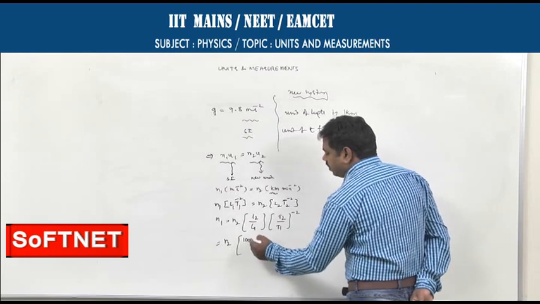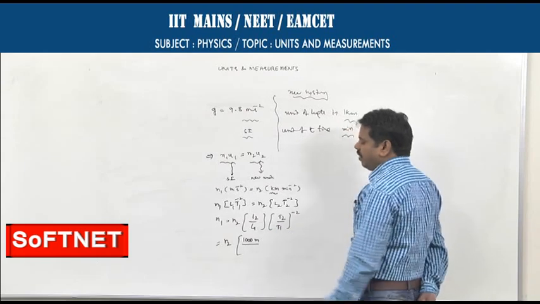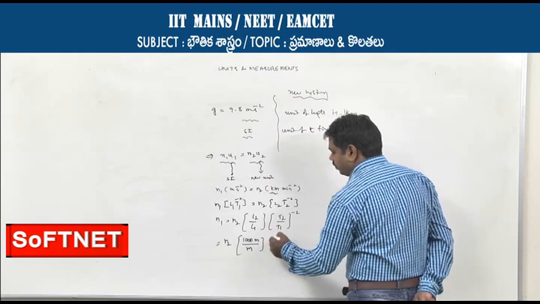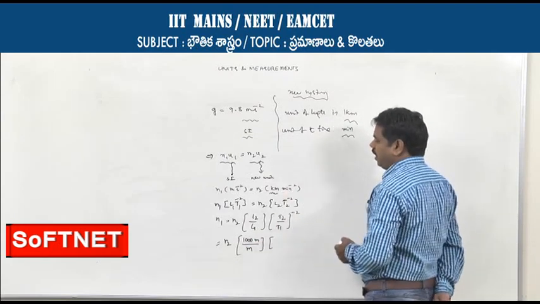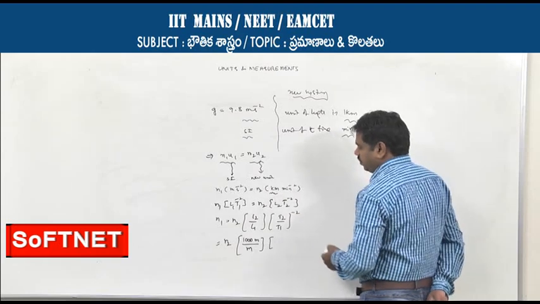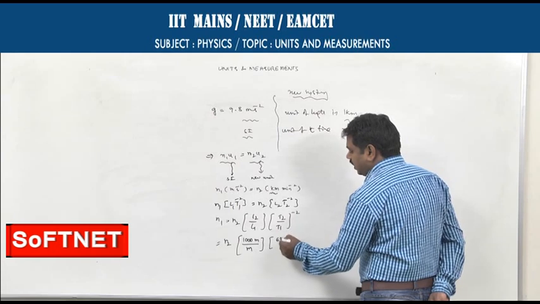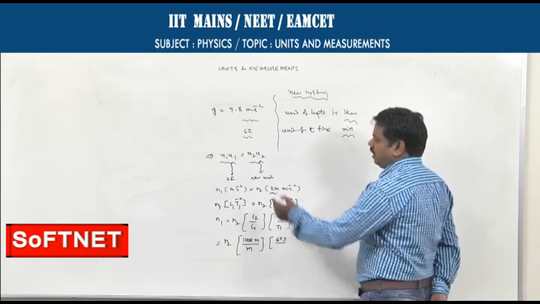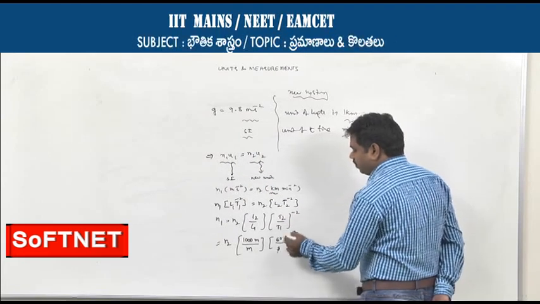1 kilometer is equal to 1000 meter. L1 is the unit of length in SI, that is meter. T2 is the unit of time in the new system, that is minute. Minute is equal to 60 seconds, by T1, where T1 is the unit of time in SI, that is second, power minus 2.